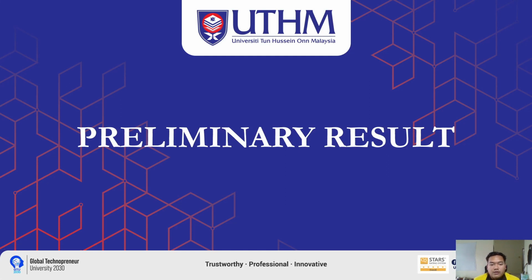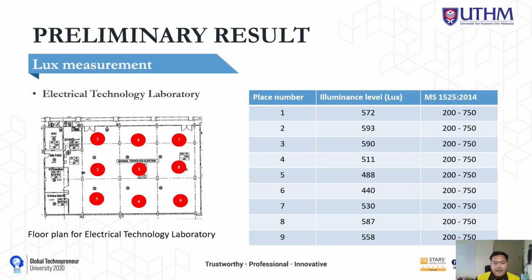And then we move to the preliminary result. For this semester, I have done the lux measurement at Block C of the FPTV building. The first room that I conducted the lux measurement in is the Electrical Technology Laboratory. For this lux measurement, we use the method where we point at the room like this: 1, 2, 3, 4, 5, 6, 7, 8, 9, and then at each spot we take the lux measurement.